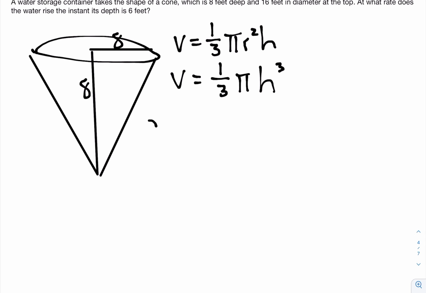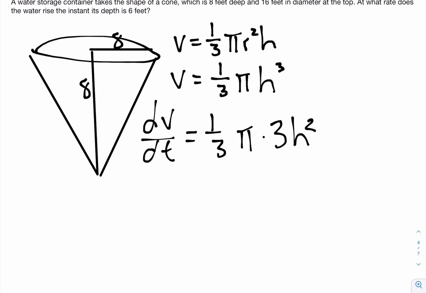So if we differentiate everything, if we want to find dV by dt, I think they already gave it, but dV by dt equals 1/3 pi times 3 h squared, right? We're differentiating h cubed, so h squared times dh by dt.